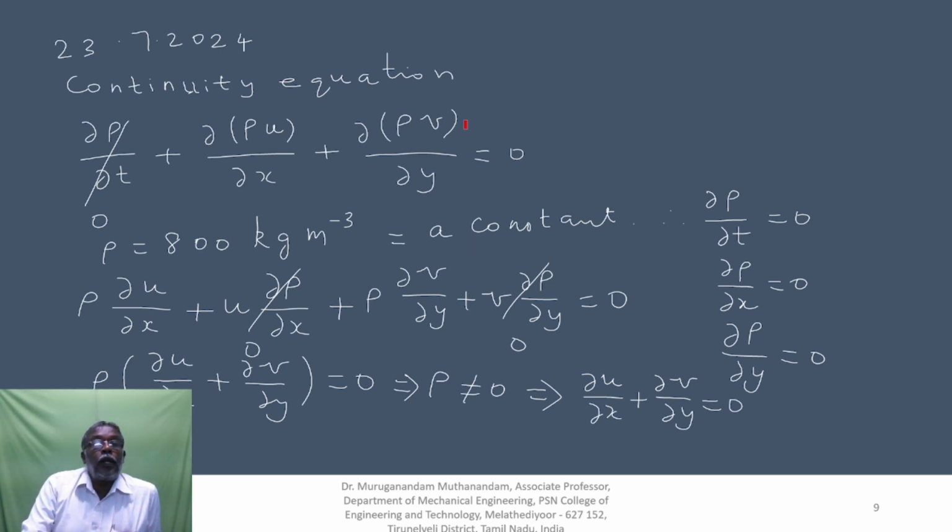Now, this continuity equation is expanded, that is, we differentiate the product. Partial rho u upon partial x is differentiated: rho partial u upon partial x plus u partial rho upon partial x, plus we expand this term, partial rho v upon partial y: rho partial v upon partial y plus v partial rho upon partial y, is equal to 0.